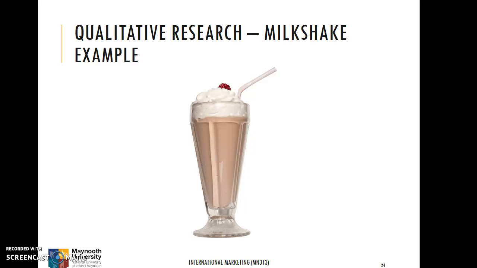I'll give you an example of one such thing, the milkshake example. In this particular link, which I will provide to you on your Moodle page, Professor Christensen looks at the research he and his colleagues did at Harvard University in relation to McDonald's. So they actually posed a very unique question in relation to the research.